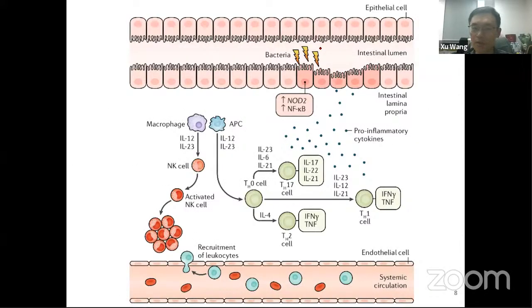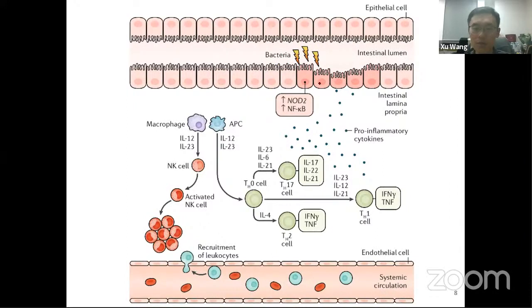So the proper reaction to the changing environment is very important to maintain health. Take the intestine, for example, because we know in the gastrointestinal tract there are many commensal bacteria.